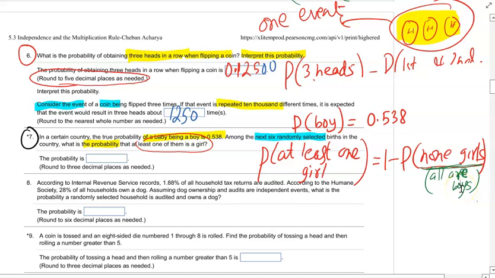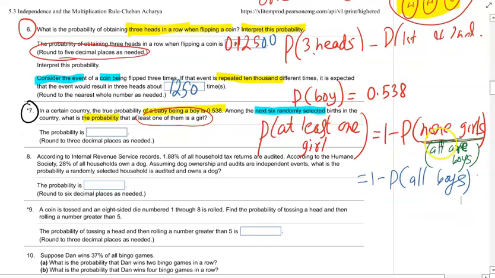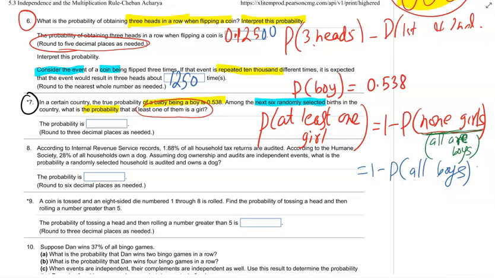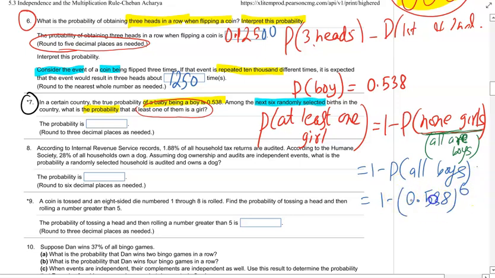Therefore, I should write it this way: 1 minus probability of all boys. And what's the probability of being one boy? 0.538. How many births are selected? You select 6 births. And the probability of all 6 being boys is going to be 1 minus 0.538 to the power 6.